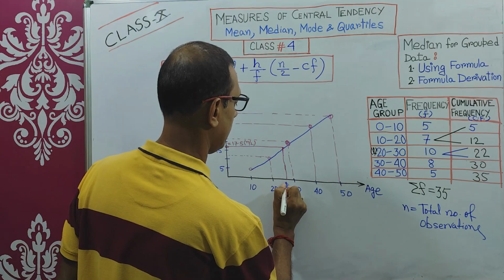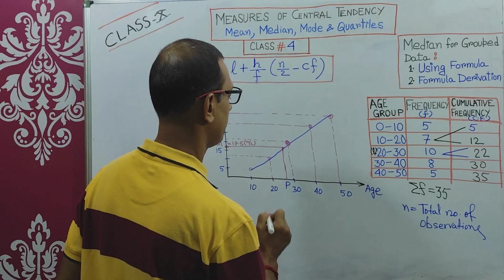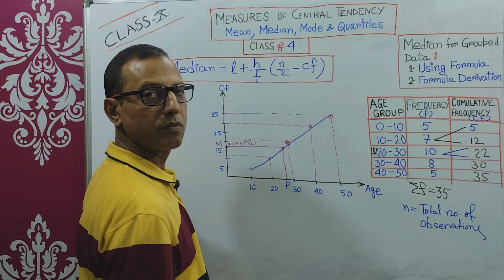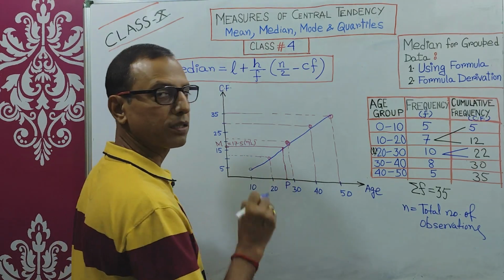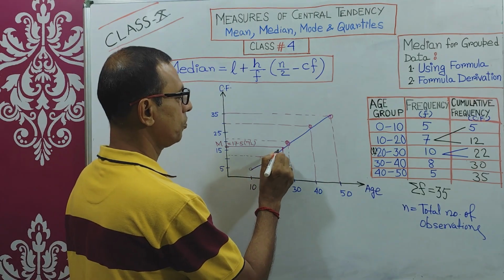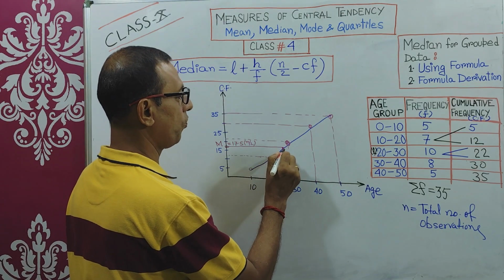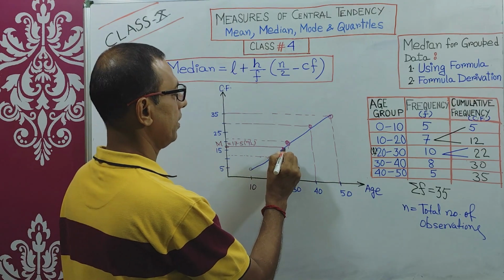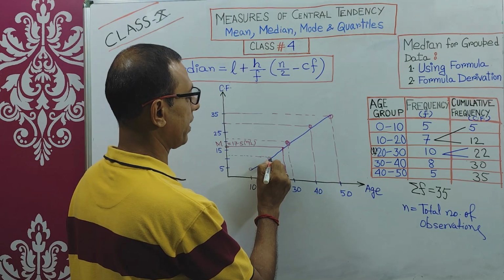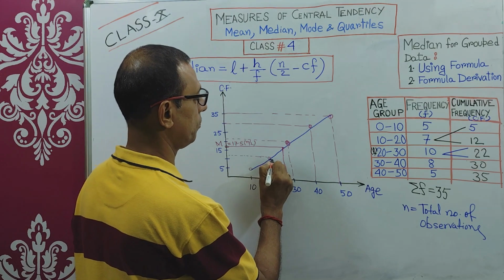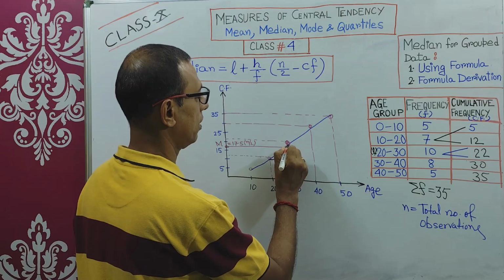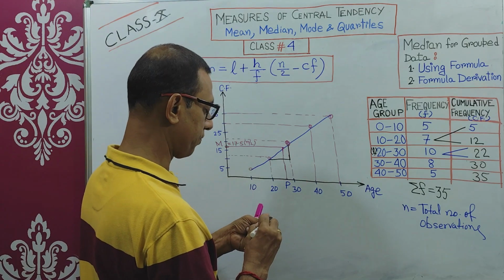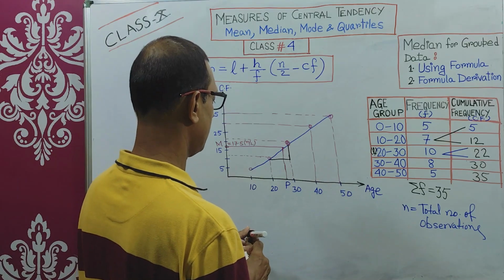So let's say this is P. This value we need to determine, and this is the median. Now, from the formula itself, if this is the median, you complete the triangles by joining these points. How many triangles are formed here?